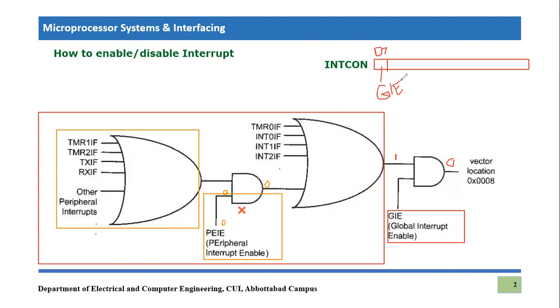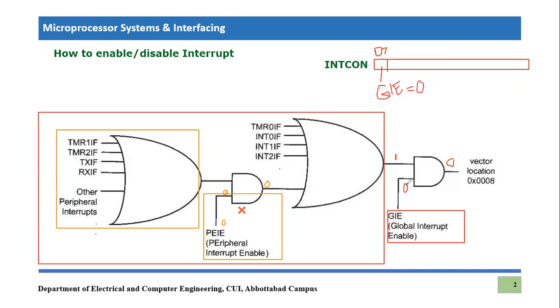If we want to disable complete notifications coming from any input or any interrupt, that could be timer 0, interrupt 1, interrupt 2, timer 1, timer 2, transmitter, receiver, or any other peripheral interrupt, and we don't want to let them interrupt the microcontroller, what we have to do is make this bit equal to 0.